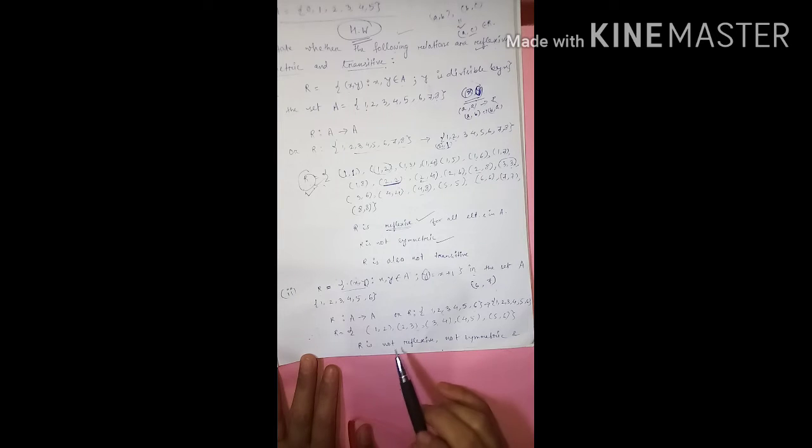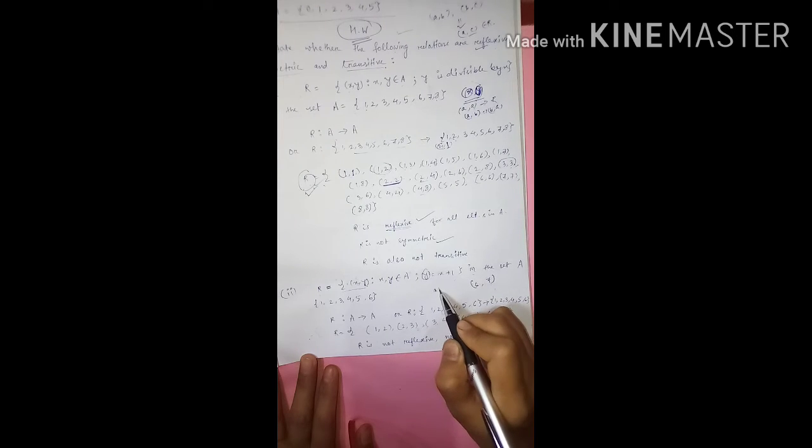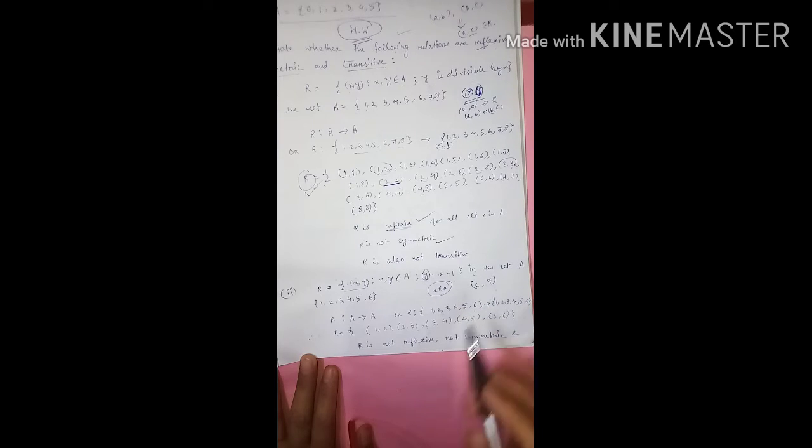Now, to be reflexive, the element in the form (a, a) belongs to R, but here no (a, a) elements belong. (a, a) means elements like (a, R, a). Here (1, 2), (2, 3), (3, 4), (4, 5), (5, 6). No element in this form.